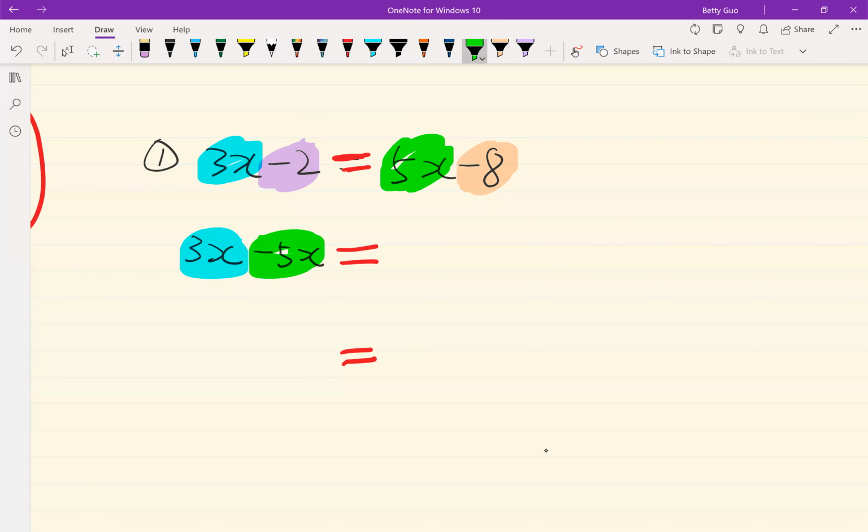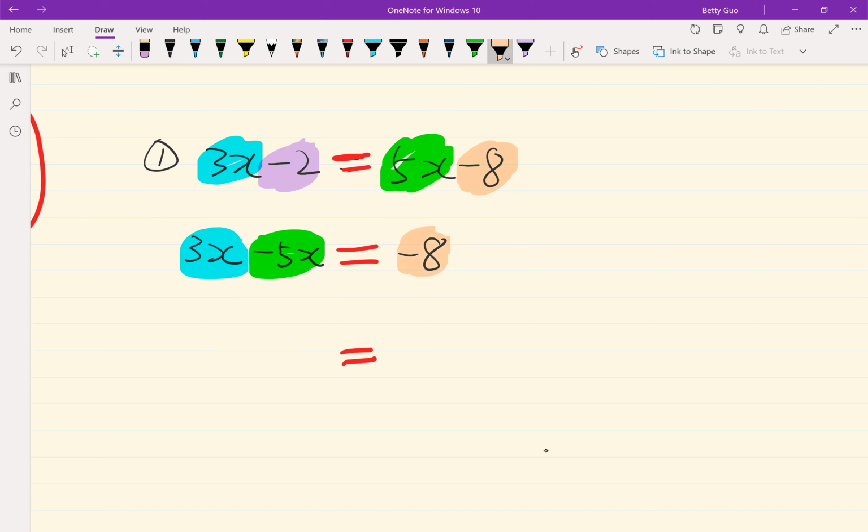All we need to do is move it. We want the green on the left-hand side, we move it, but at the same time, we change the sign to the opposite sign. It was positive on the right. Now it is negative on the left. That's all it takes. On the right-hand side, the orange term, -8, doesn't change, okay?